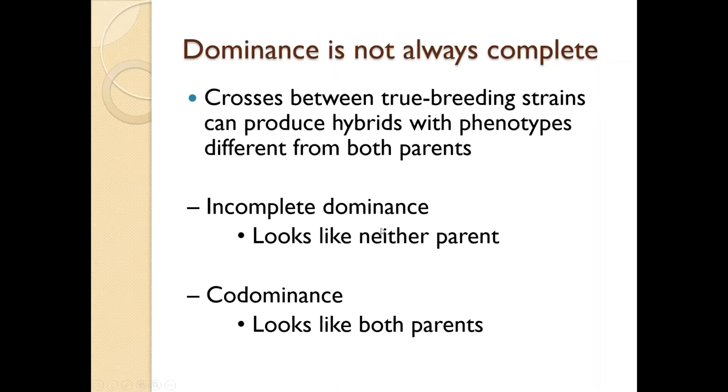Incomplete dominance looks like neither parent, meaning a new type of phenotype comes into the picture, and codominance means both characters of dominant and recessive are present. That means they look like both of the parents.